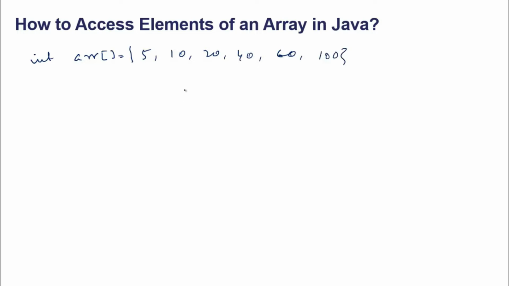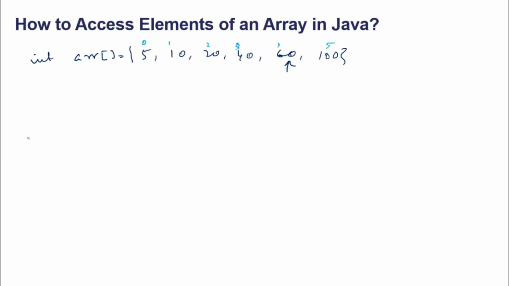Now if I want to access one element, we must see the index number. So this is index number 0 here, 1, 2, 3, 4 and 5. The total number of elements is 6. The fourth element will contain the 60.